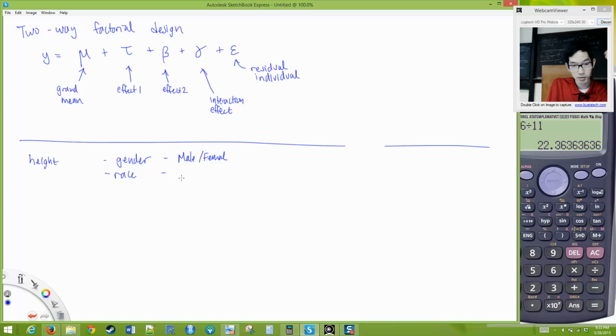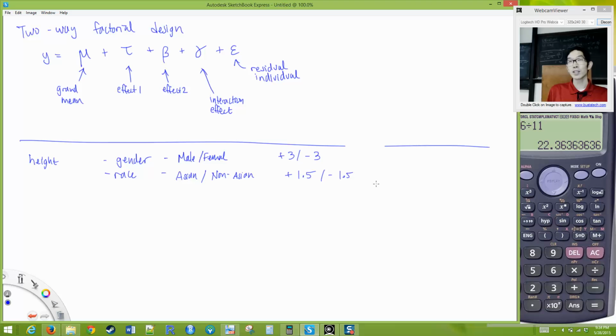Maybe this is a global study, and being male or female has an effect of +3 versus -3, and being Asian or non-Asian maybe globally has an effect of maybe +1.5 versus -1.5 as the average or something like that. I guess Asian, non-Asian would be -1.5 versus +1.5, right?